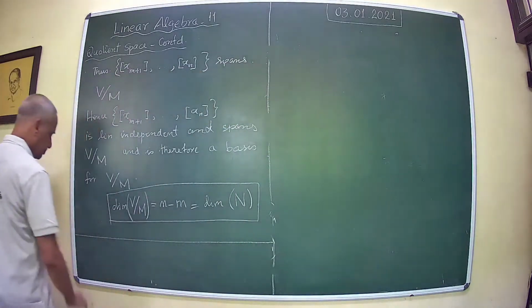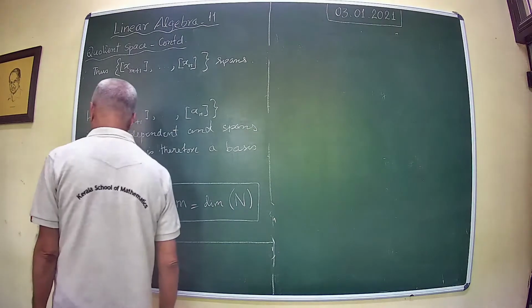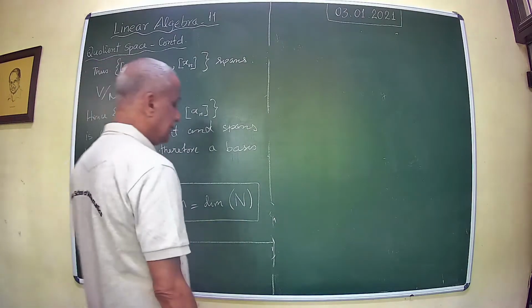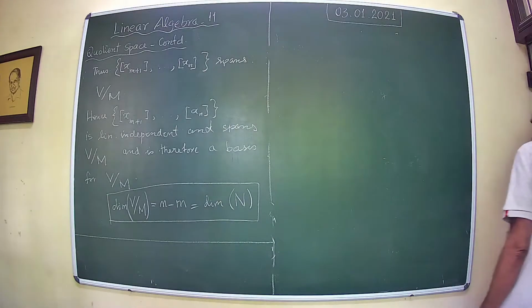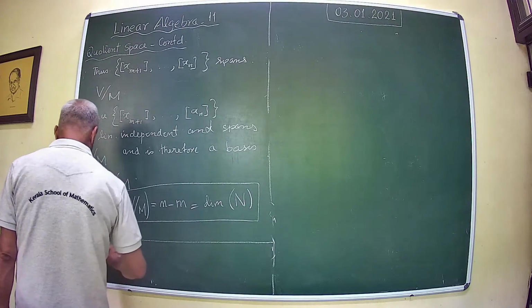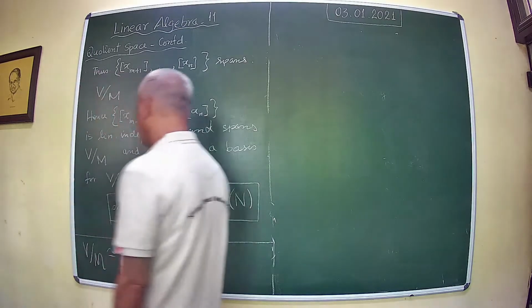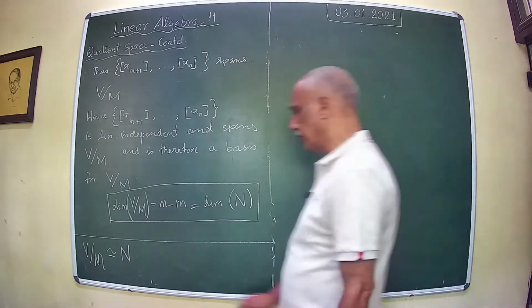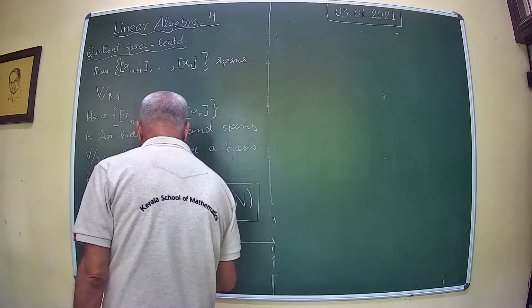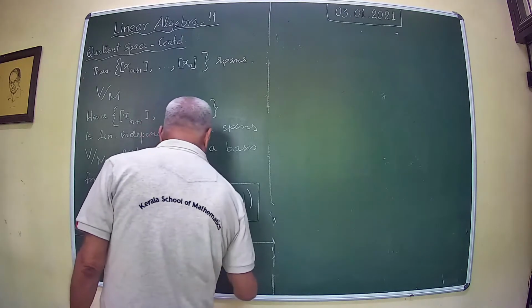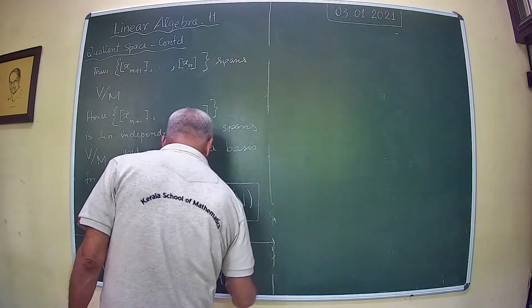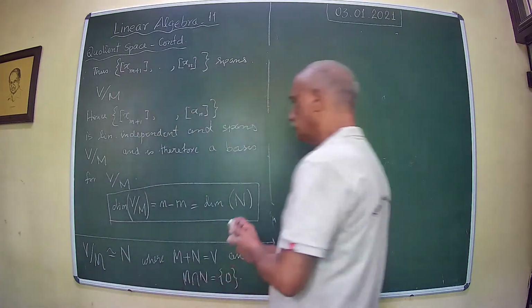Now we claim that, the next result that we have is that V by M is isomorphic to N, where M plus N equals V, that is, they are complementary.